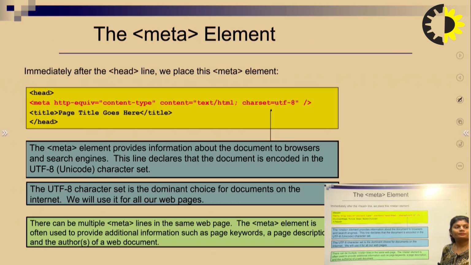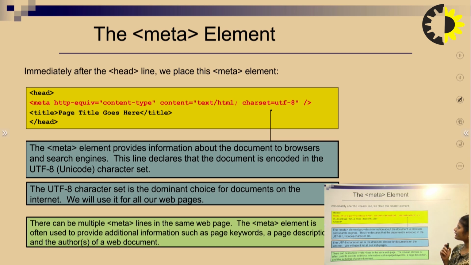Next, the meta element. Immediately after the head tag, we place this meta element. So in the head, the meta section requires these types of information which I discussed earlier. The meta element provides information about the document to browsers and search engines.